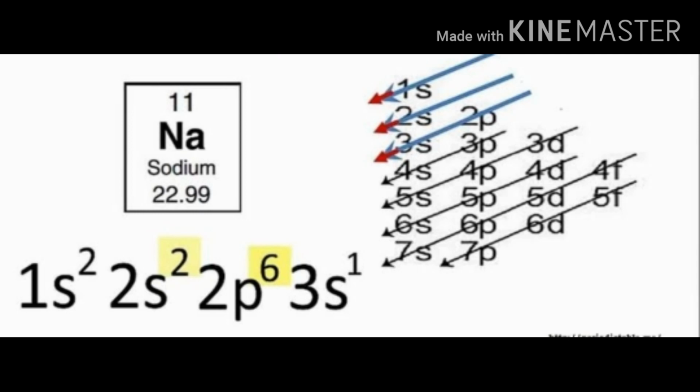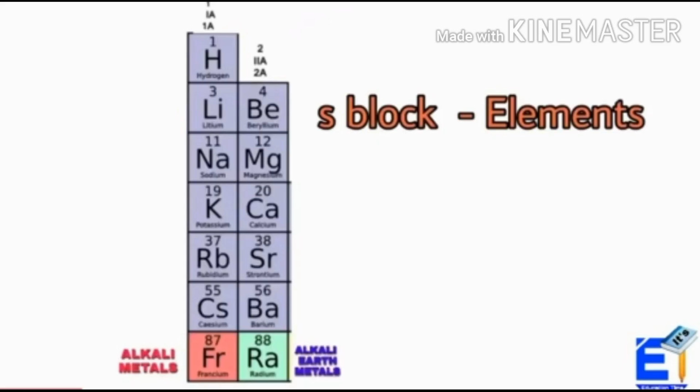Next, these S block elements are arranged into two groups: 1A group elements and 2A group elements. The first group, 1A elements, are called alkali metals. The second group, 2A elements, are called alkaline earth metals.